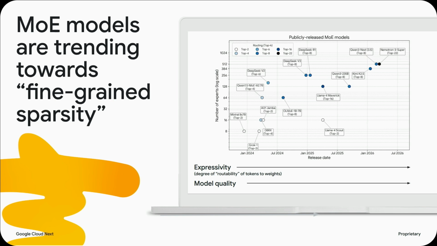And so you can see some pretty interesting trends going from left to right. You can see that the number of experts in these models is increasing. And you can also see that this top k routing factor is also increasing over the last year or so.